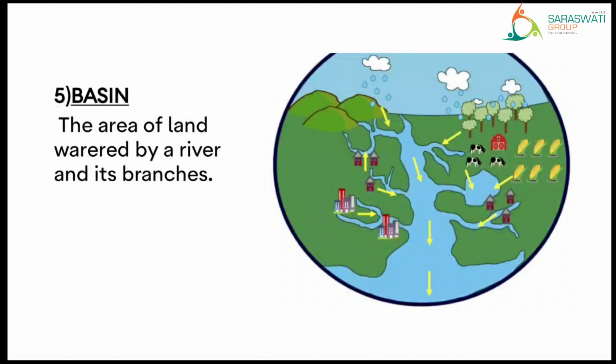Somewhere to the buildings, in some places near the houses, in some places near the farms. So this river is branched to many other areas. So this is called a basin. It is the area of land watered by a river and its branches. Clear?